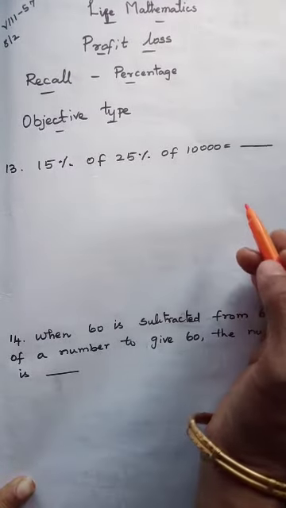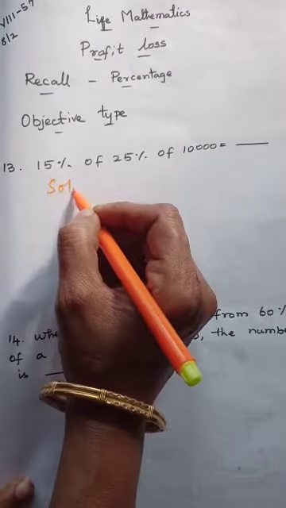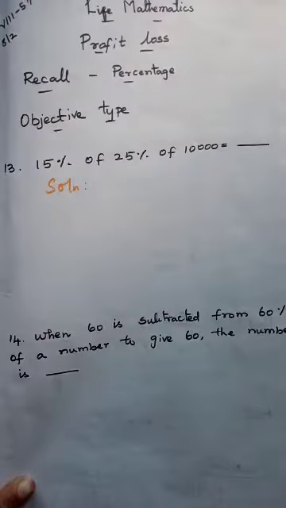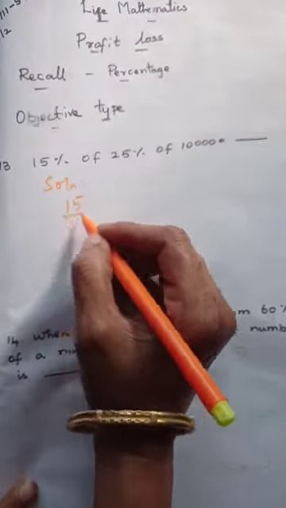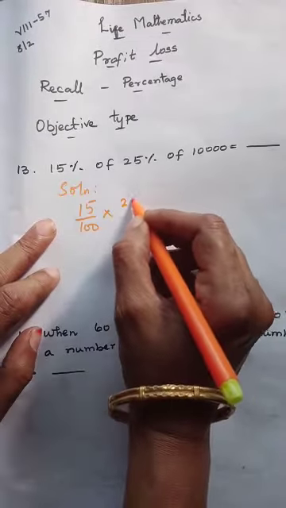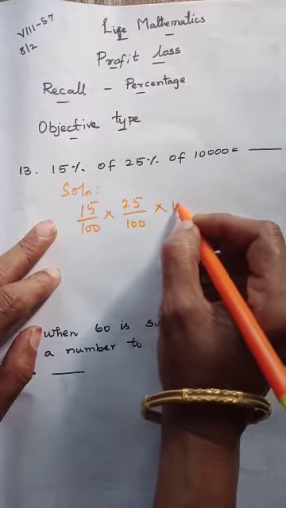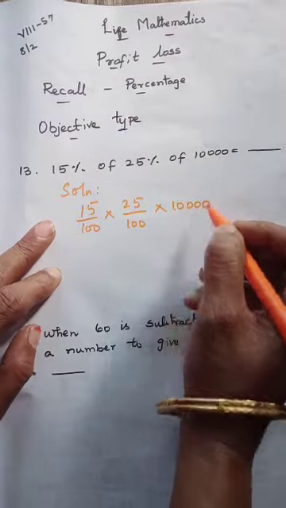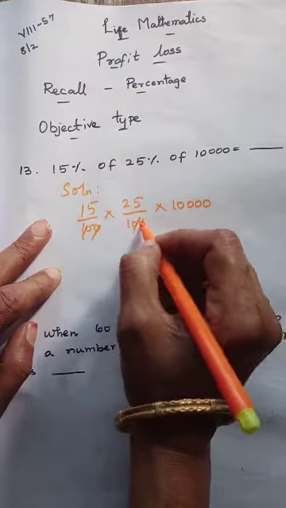Okay, is dash. How to do this? Solution. 15% of 15 by 100, 25% of 10,000. You have to cancel all this, isn't it? Cancel.